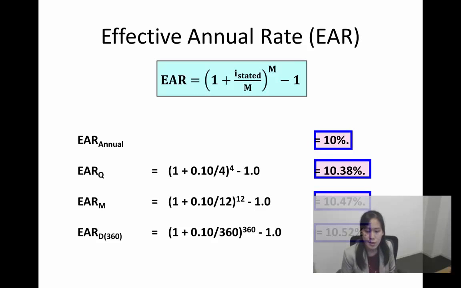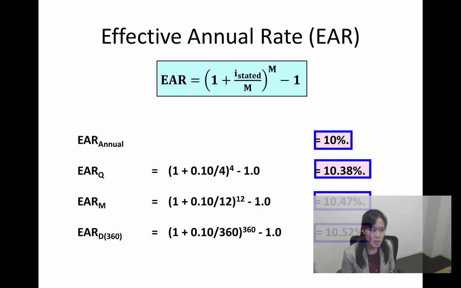So that makes sense. Now, if our money is compounding quarterly, then it's compounding 4 times a year, so M equals 4. And we can calculate the effective annual rate using this formula. So it's 1 plus 0.1, which is the interest rate, divided by 4, raised to the 4th power minus 1. And we find that the effective annual rate at a quarterly compounding level is 10.38%.